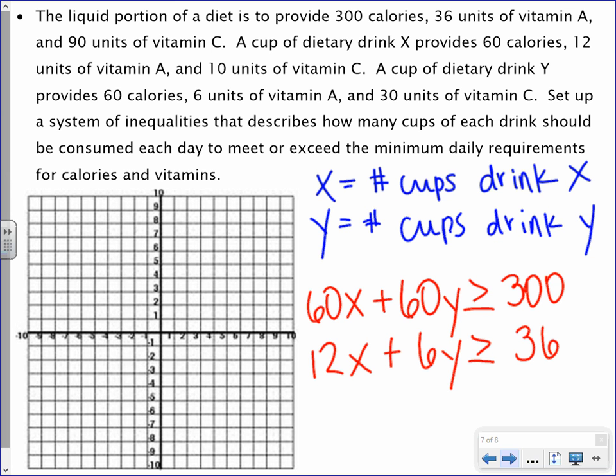And then we also need to have 90 units of vitamin C. So how many units of vitamin C are in drink X? And how many in Y? And that needs to be greater than or equal to 90.